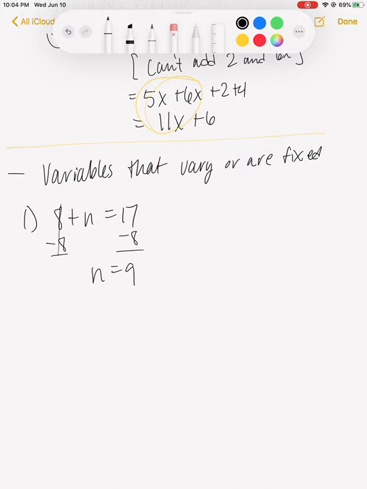Okay, and because n is 9, n represents a fixed but unknown quantity.